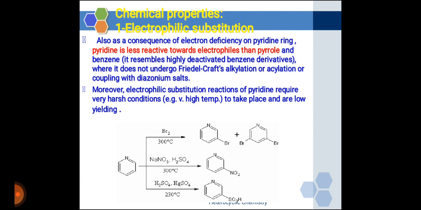So these are all electrophilic substitution reactions that occur at the third and fifth positions, because they are more positive in charge due to the resonating structure.